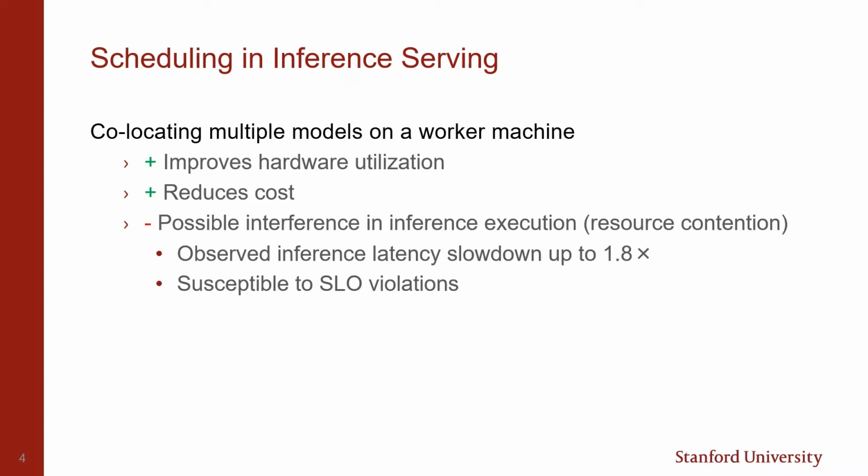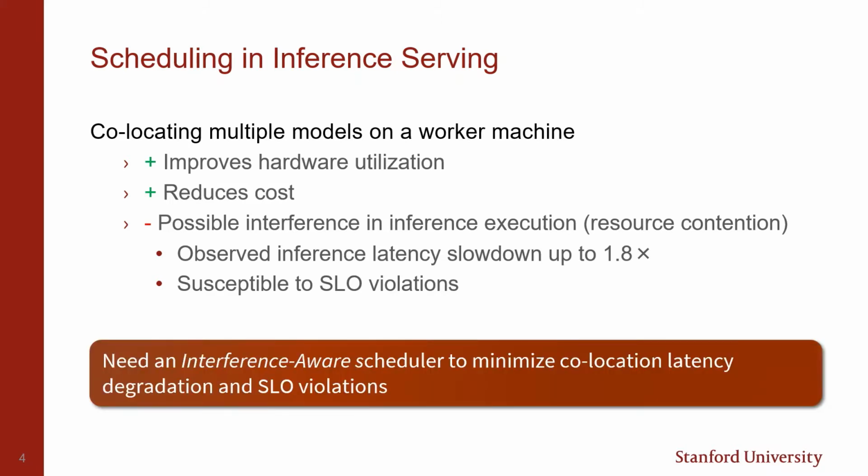We've observed that when collocating models, the inference latency can slow down by up to 1.8x. This means that these models are susceptible to SLO violations. So what we need in an inference serving system is an interference-aware scheduler which can minimize the collocation latency degradation and avoid SLO violations.